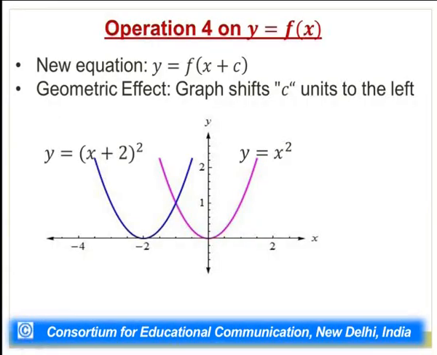For example, if I want the graph of x plus 2 the whole square, that is going to be nothing but a leftward shift by 2 units of the graph y equal to x square. So these are the 4 operations for translations that I wanted to talk about.